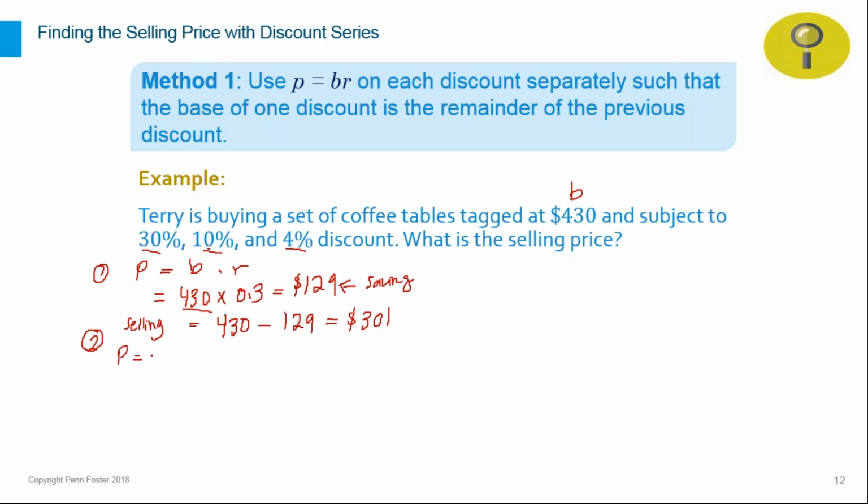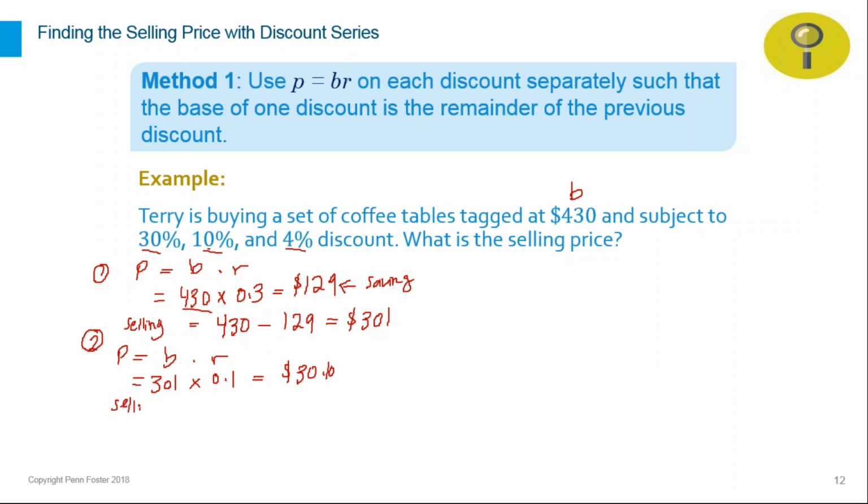Step number 2, take the new tag price and apply 10% off of that. So P equals B times R again. B in this case is 301 times R is 0.1 because it's 10%. So multiply, that will give you the savings, $30.10. Take that savings and subtract that from the tag price.